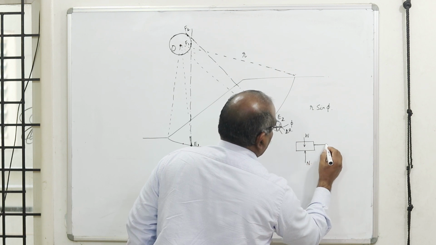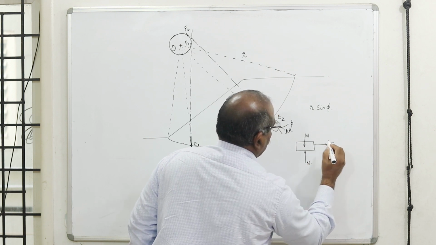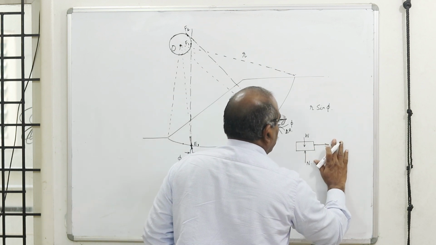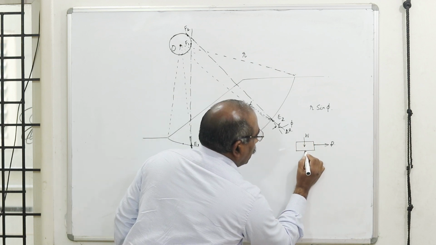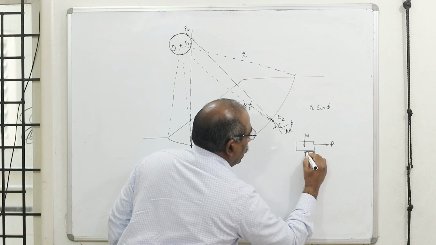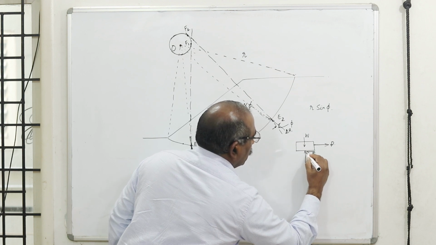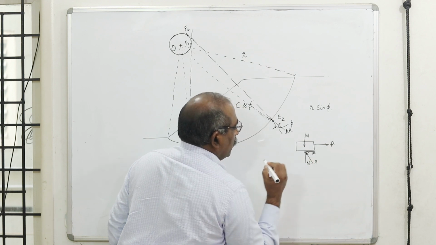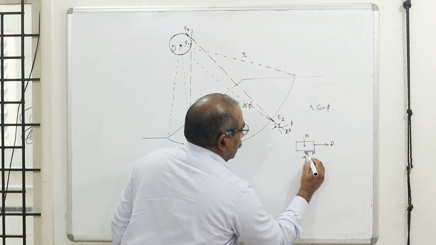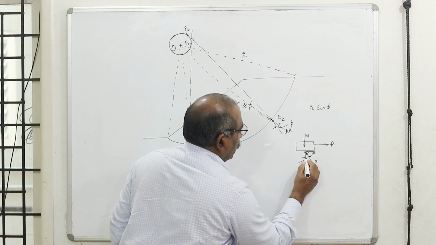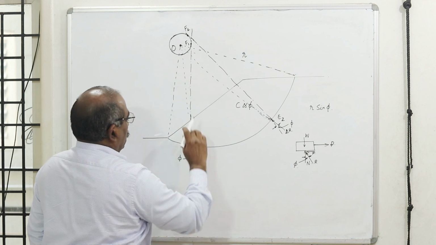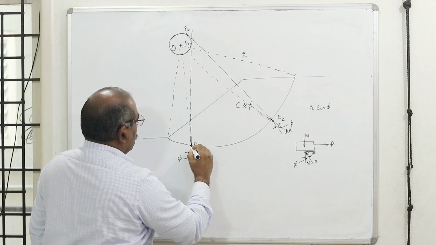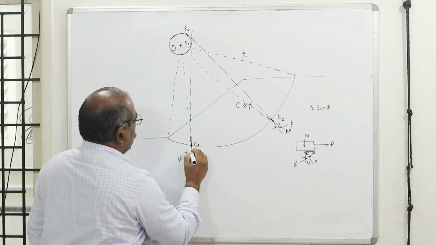If I am trying to pull this body with a force P, there will be an opposite friction force F. The resultant will be R, the resultant of the friction force and the normal reaction. Therefore, this angle will be phi.